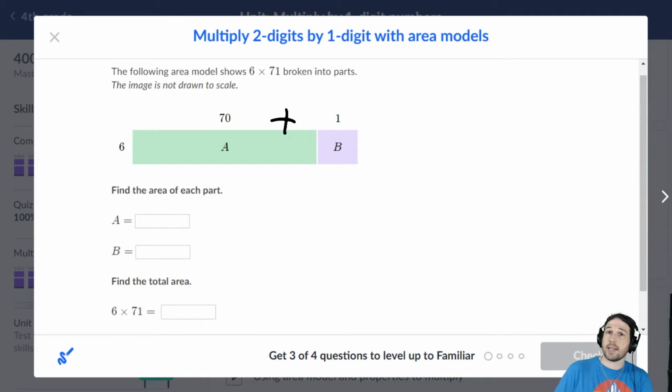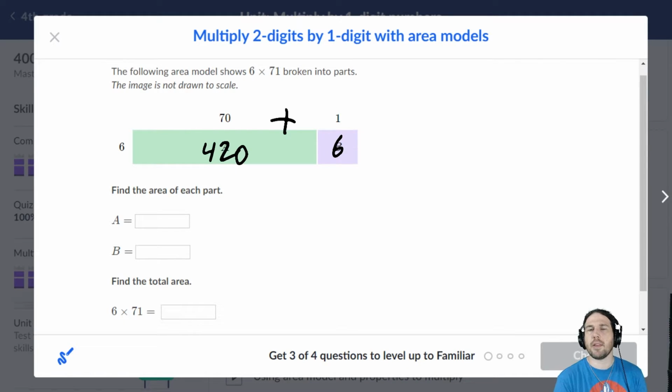And if you look at this, we are splitting this 71 up into 70 and 1. Well, 6 times 70 is 420. No comments, please. And 6 times 1 is 6. I hope that makes sense.